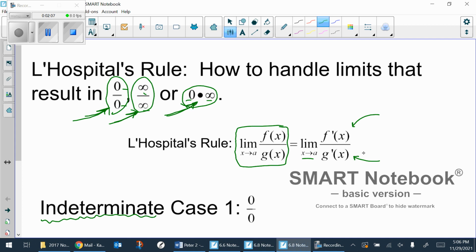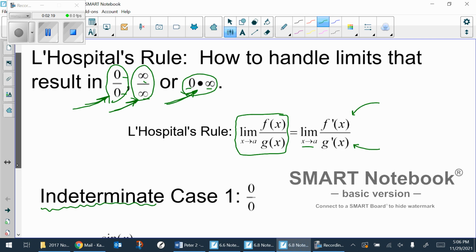This isn't the quotient rule. And that may help you determine what 0 over 0, infinity over infinity, or 0 times infinity is.